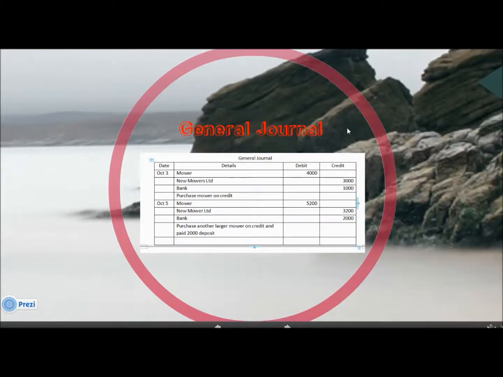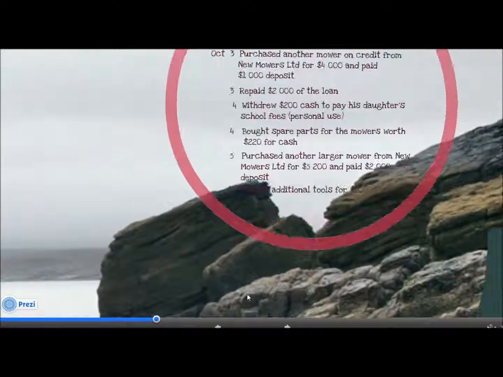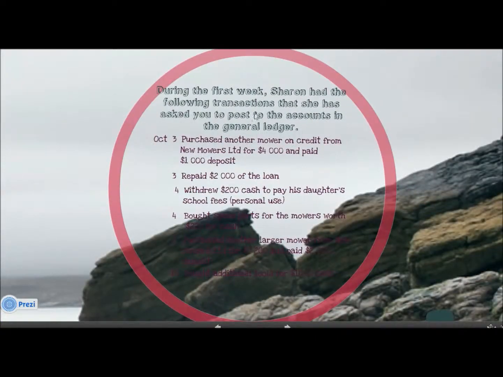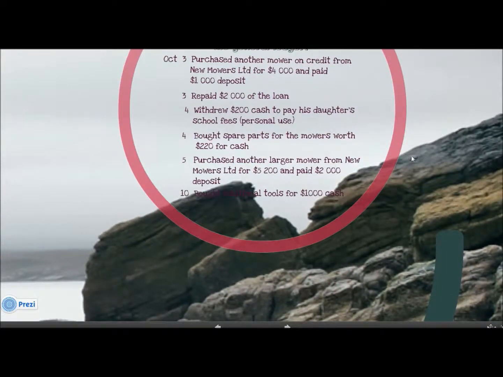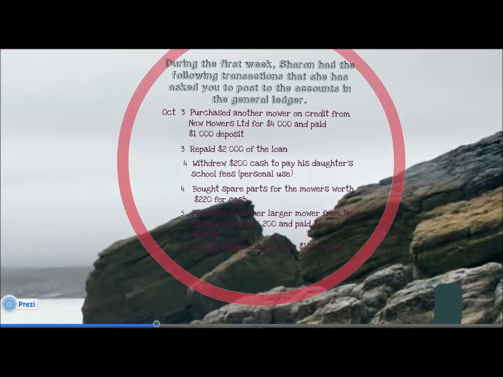Firstly, we put the general journal, and as the question says, we should put the non-current assets on credit into the general journal. In these 6 transactions, only this one and this one are non-current assets on credit.